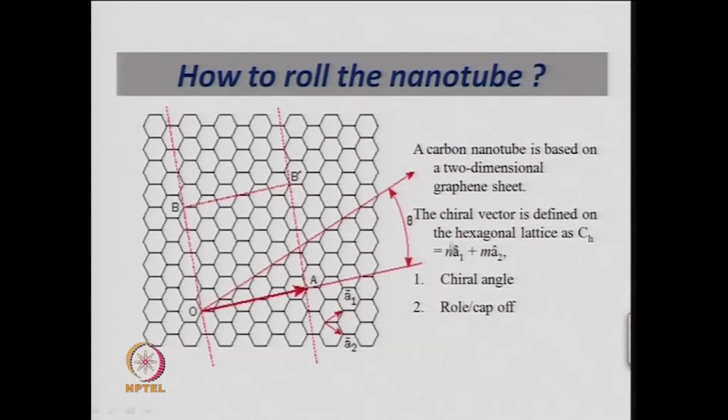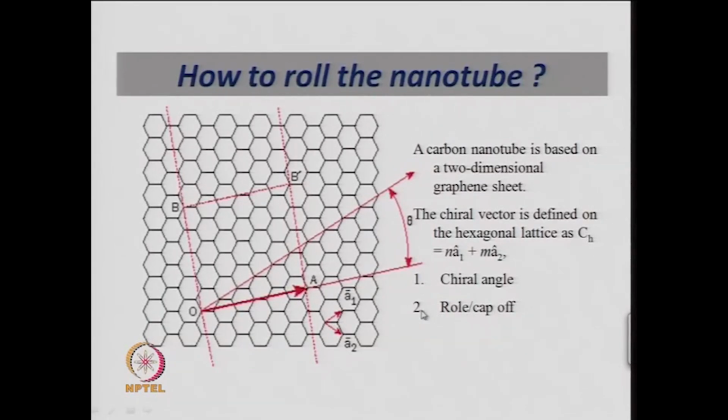So, the chirality of the tube is dependent on this formula, and from this formula you can define the chiral angle theta. These vectors and their coefficients are very important, and also how do you end the nanotube, if you want to close the nanotube at the end and not leave it open, how do you cap it.